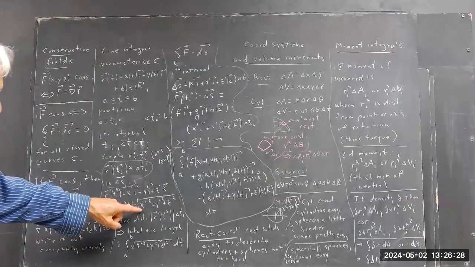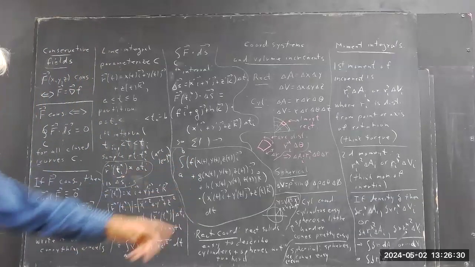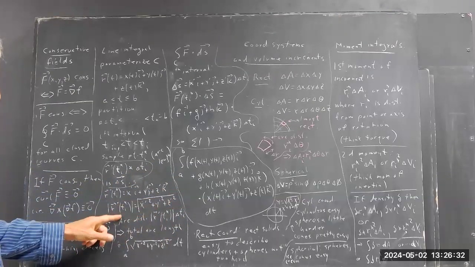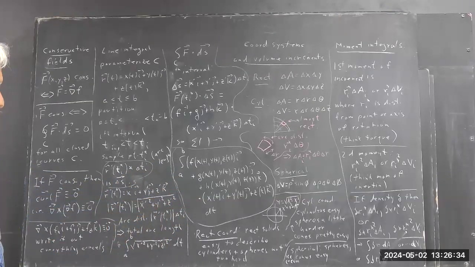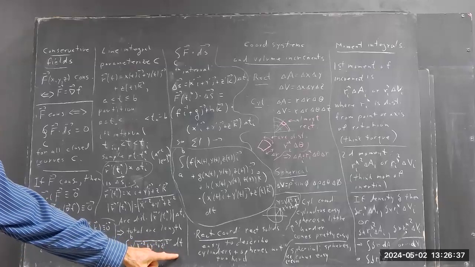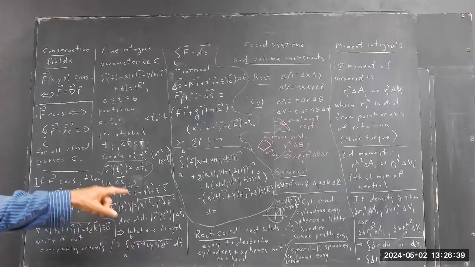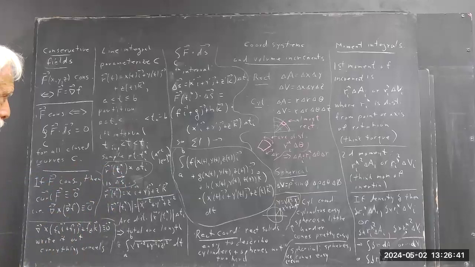And this is just the rate at which your position is changing with respect to t, and you integrate it with respect to t. Why? Because you take the rate at which the thing is changing and multiply it by delta t. That gives you a delta s.